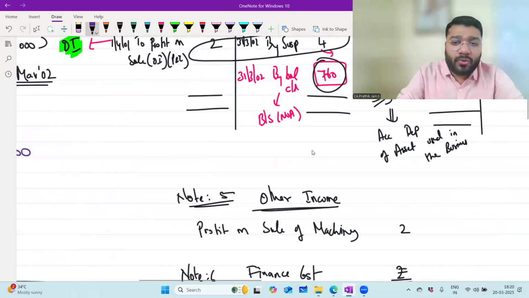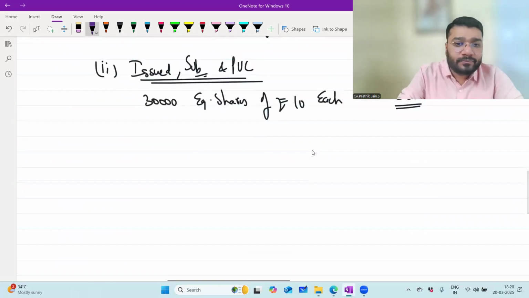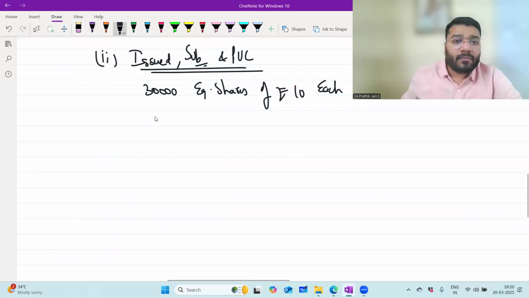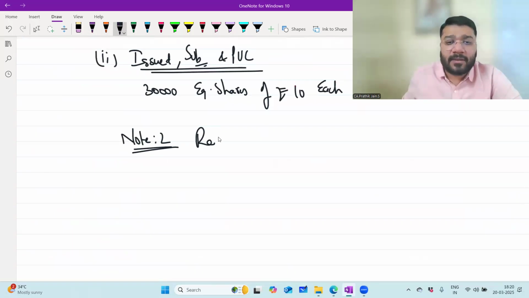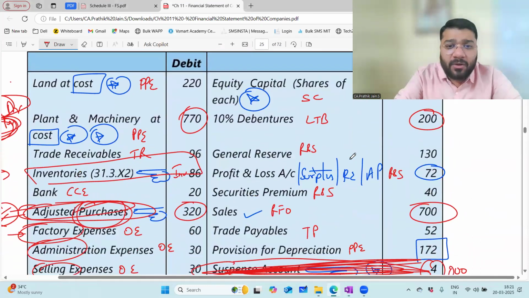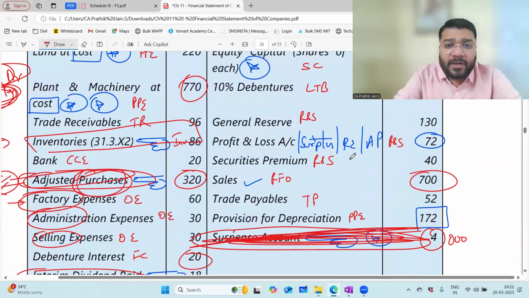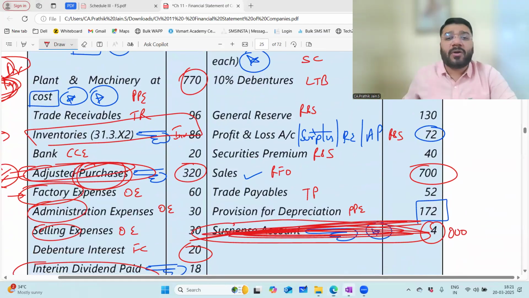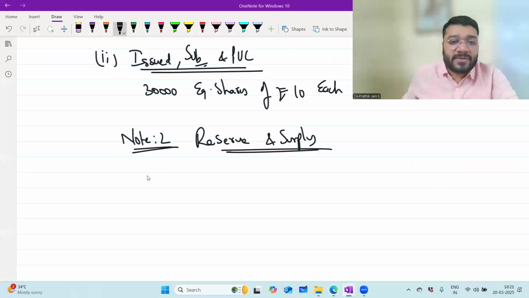Next, reserves and surplus, note number 2. Very important. Reserves and surplus. So how many types of reserves do we have? If I come on the credit side, we have something called as general reserve, profit and loss account, security premium. So first, let's record all the non-free reserves.